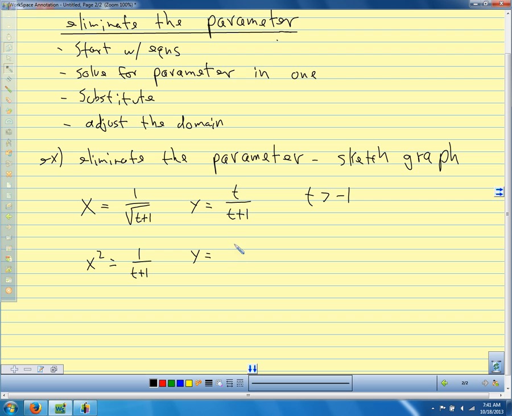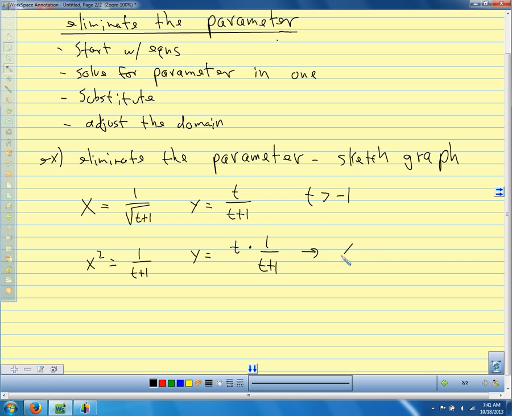Y equals t times 1 over t plus 1. And 1 over t plus 1 is x squared. So I can substitute that in. I was going to do a little more work, but Max saved me some work here. I was going to solve this for t and then substitute it in. This will save us a little work.